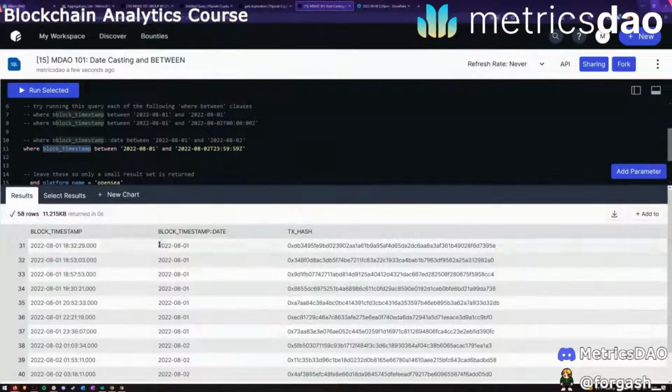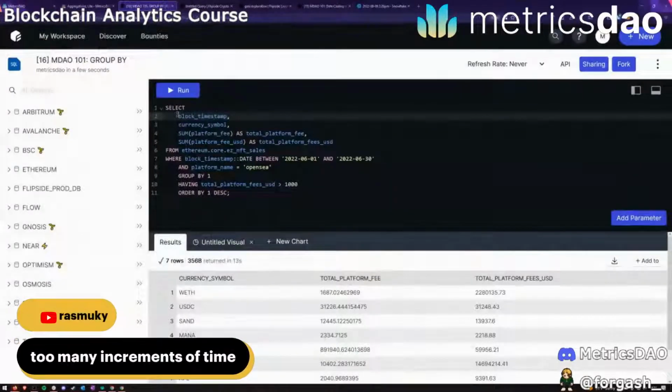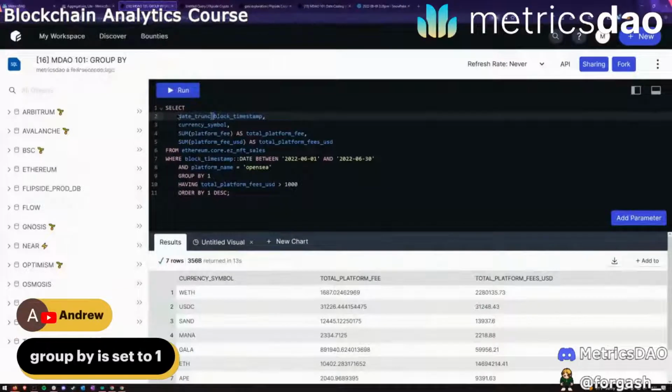However, harken back to what we talked about before, if we cast it to a date, then all these are the same. And categorically, August 1st is the same as August 1st. But here on row 38, any record from 38 on is going to be in a second group. So Ramusi says too many increments of time. So we can either cast by date as we did before, or we can use a different function called date_trunc.